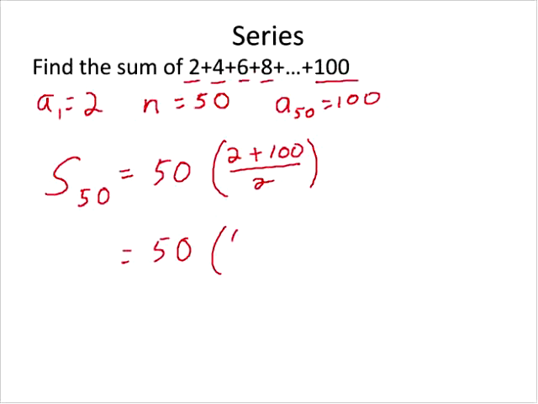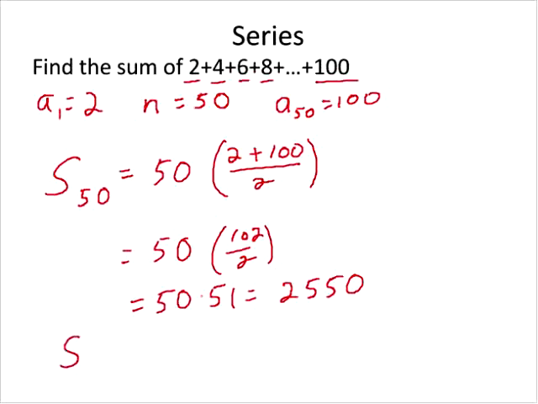We have 50 times 102 divided by 2, and of course 102 divided by 2 is 51, so we have 50 times 51, which turns out to be 2,550. So that is S sub 50. Sum of the first 50 terms is 2,550.